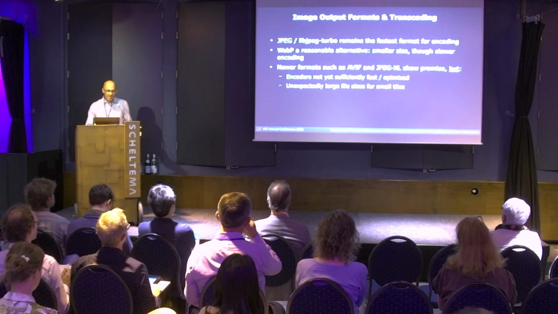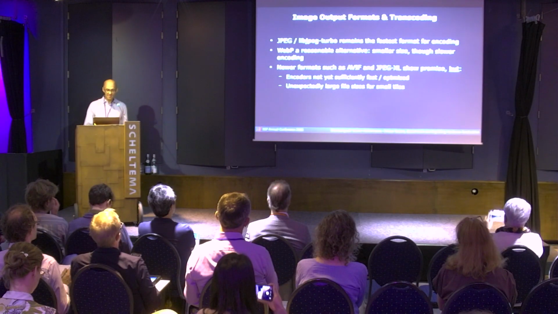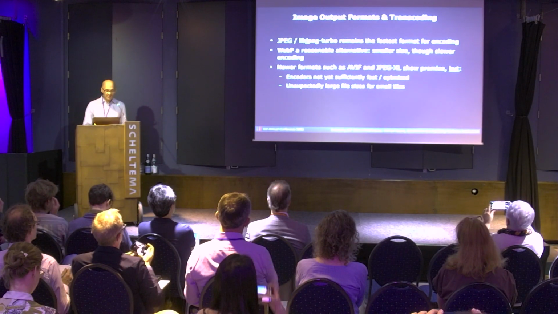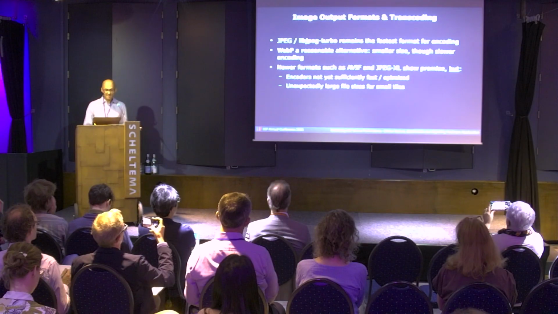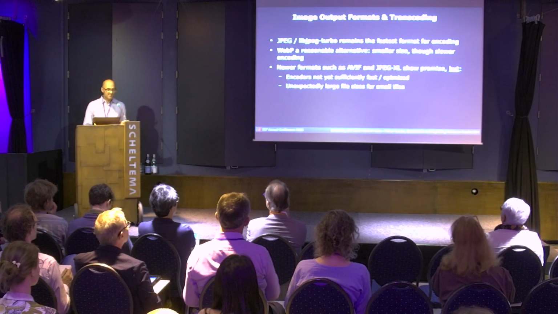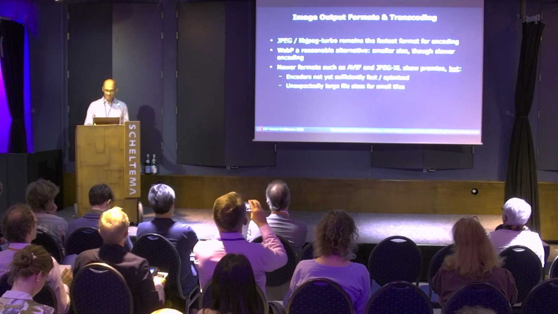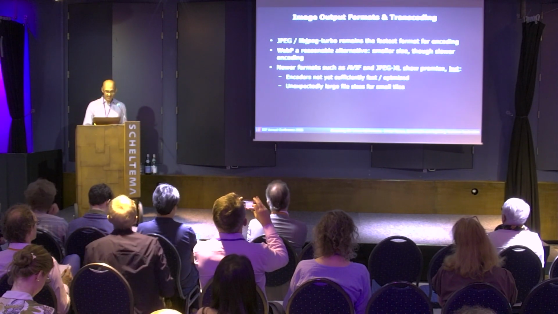So libjpeg-turbo remains the fastest encoder for transcoding. But WebP is a reasonable alternative. And as I said, these newer formats have promise. They're going to be optimized further as they develop, but they're not ready yet.